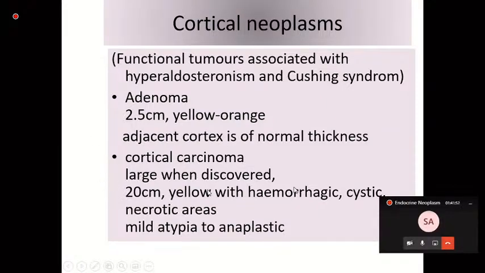Cortical carcinoma is usually large, about 20 cm, whereas adenoma is usually 2.5 cm. Carcinoma appears yellowish with hemorrhagic cysts, and mild atypical or anaplastic cells.